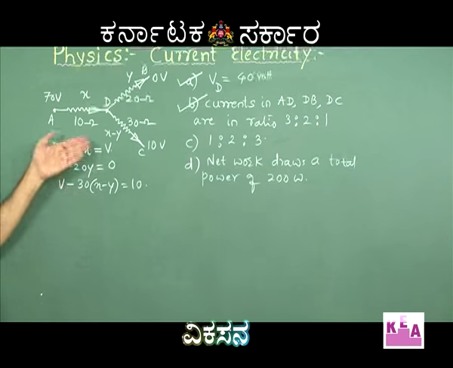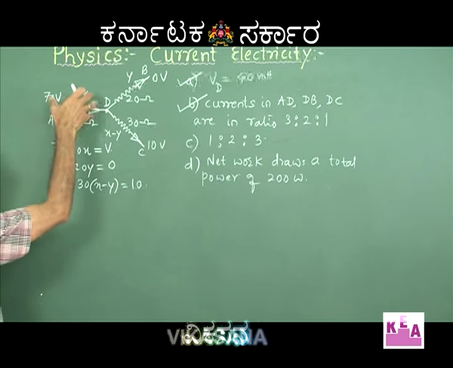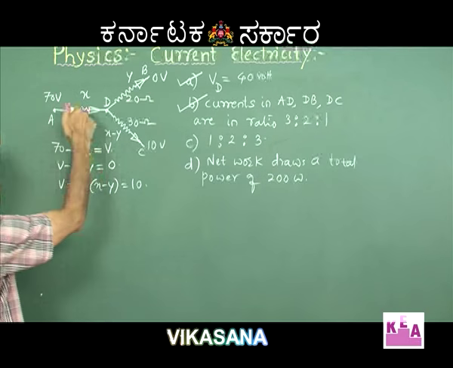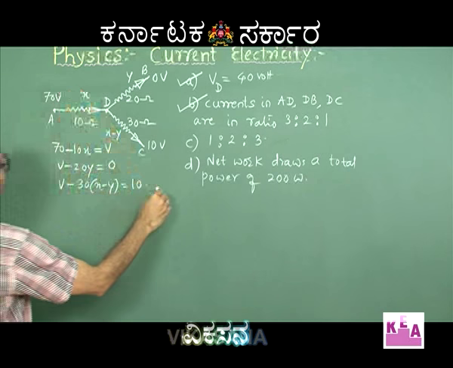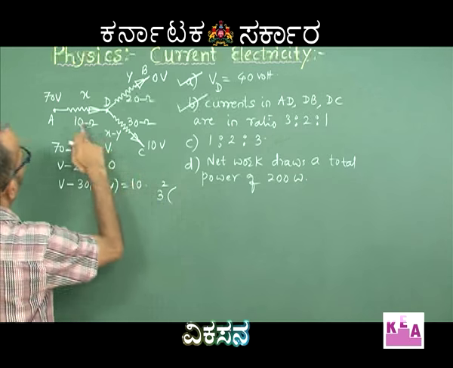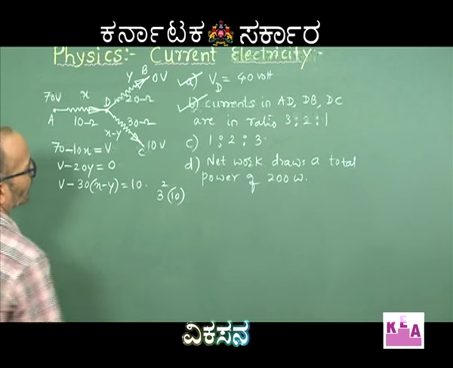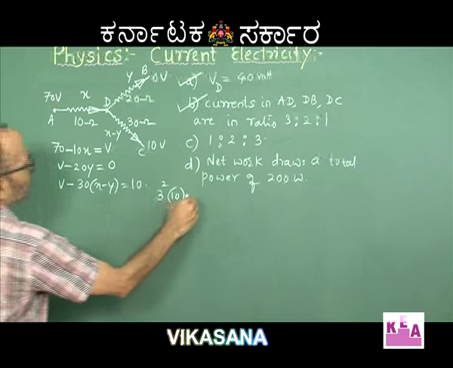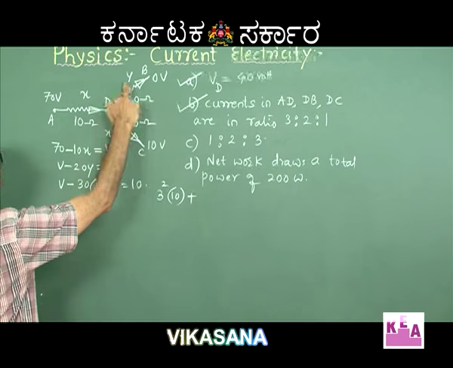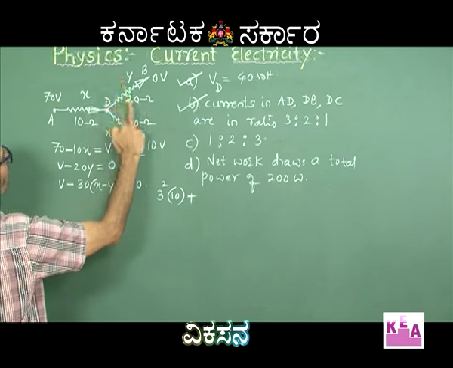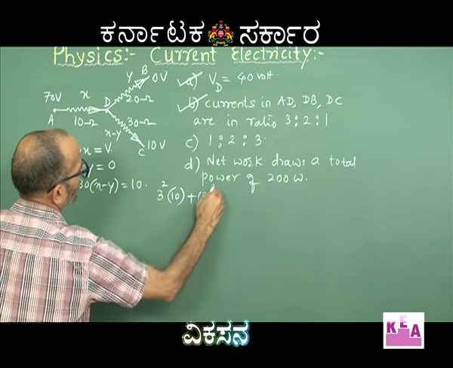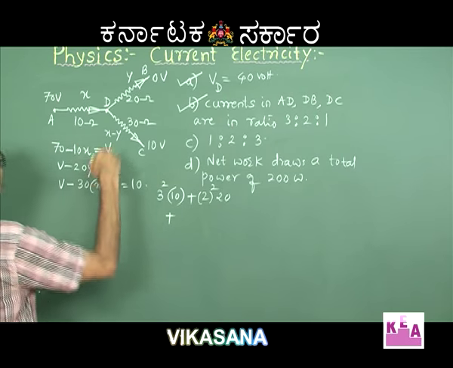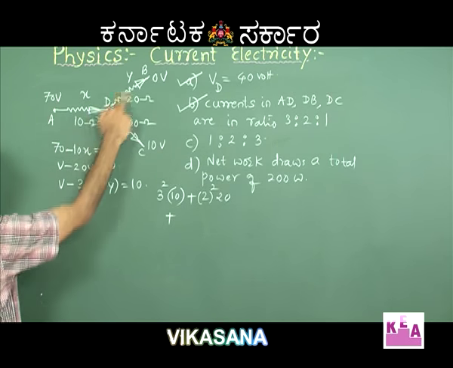And now, if you try to find out the amount of power which is drawn by the circuit, see, let me show you. The power drawn by this resistance is going to be 3 square into 10. I square R is what I am using, 9 into 10 plus y will be 2. So, 2 square into 20 plus x minus y will be 3 minus 2, which is 1.